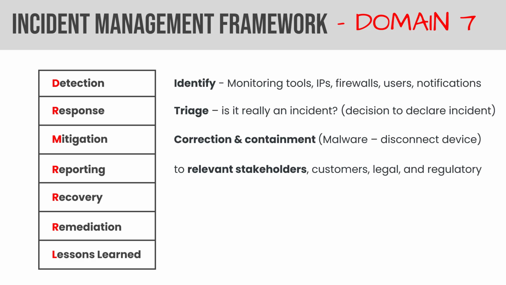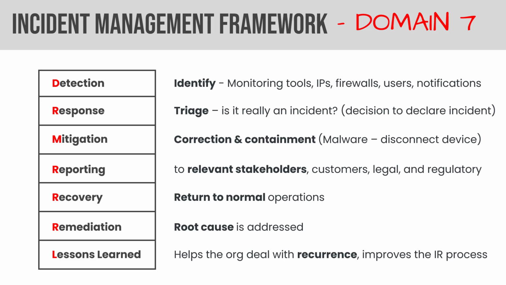Then reporting the issue to relevant stakeholders, customers, legal, regulatory, law enforcement in serious situations. Returning to normal operation, recovering. And then remediation is where we address root cause. So what actually caused this, and with remediation and lessons learned, making sure we take steps to prevent recurrence of the issue and to improve our incident response.